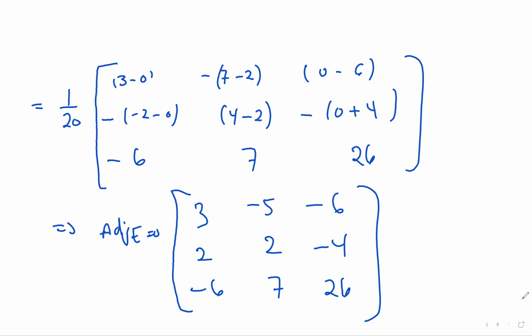Now, the adjugate of E is equal to C transpose. And that is, the column becomes row and row becomes column. So the adjugate of E is equal to C transpose.